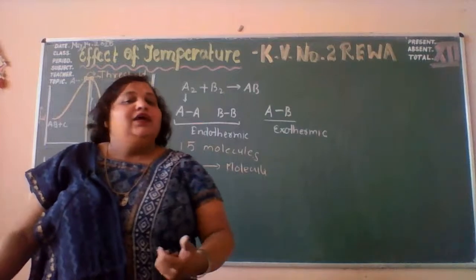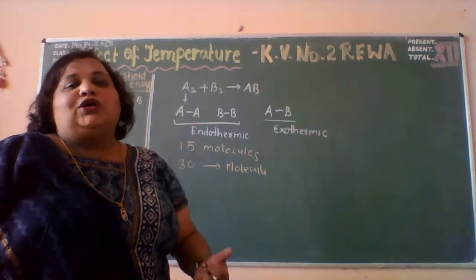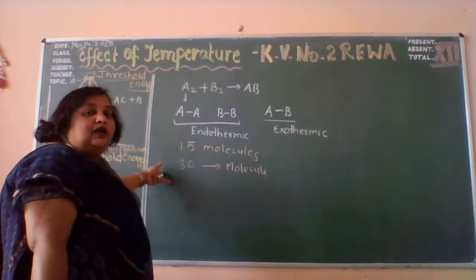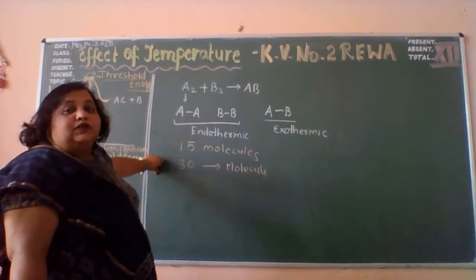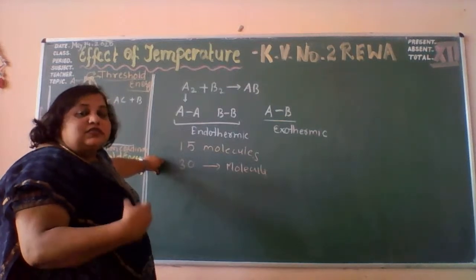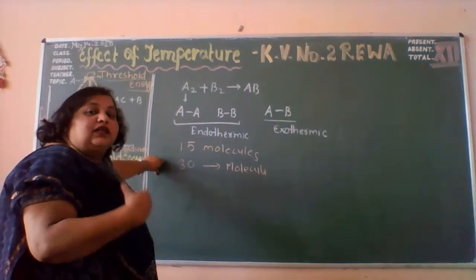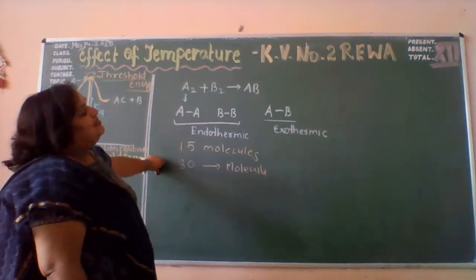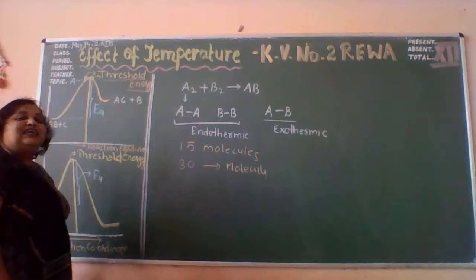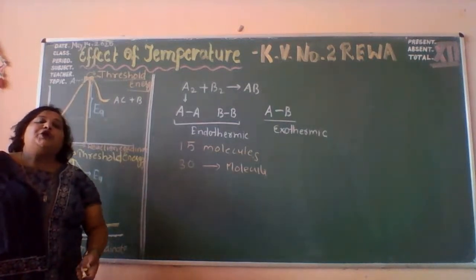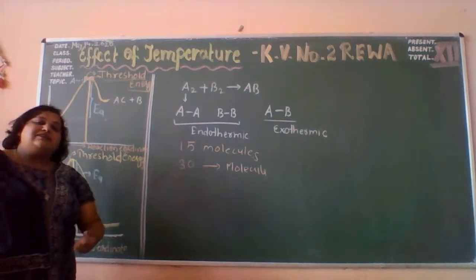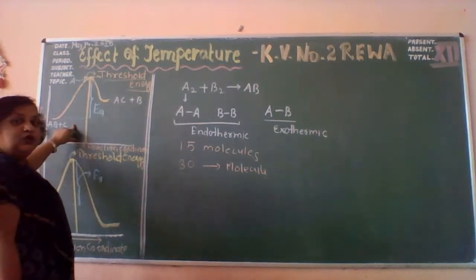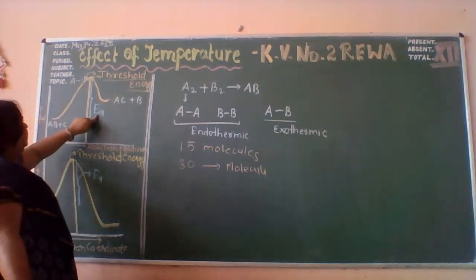So definitely now more molecules are going to react here, right? Since more molecules are reacting, the rate of reaction will be more, as the reaction depends upon the concentration, or the number of molecules which are actually participating. This is the rule. What is the energy of activation, EA, here?